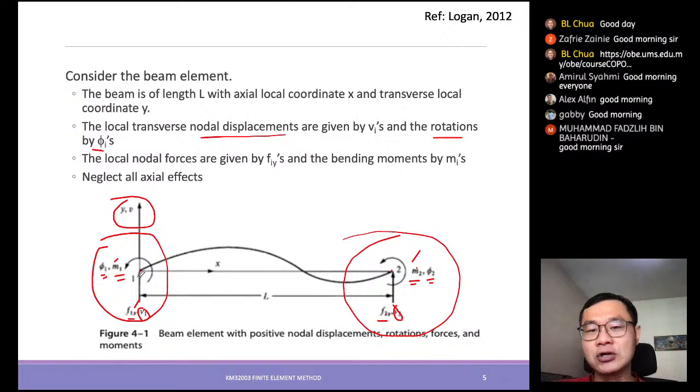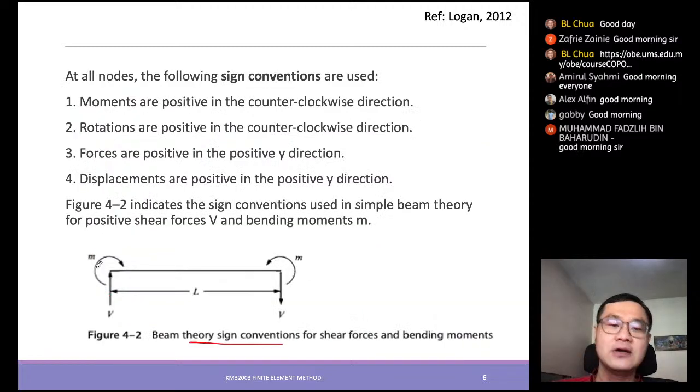Again, the beam theory sign conventions are applied on the left hand side. We put the shear, V, in the positive direction, whereas on the other side it is in the negative direction.